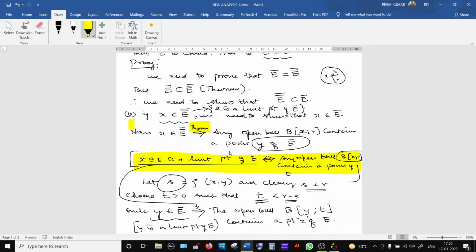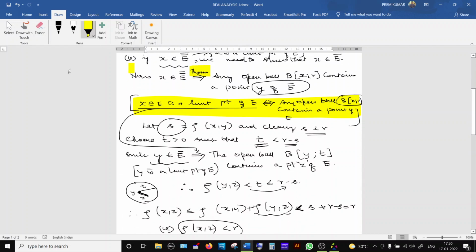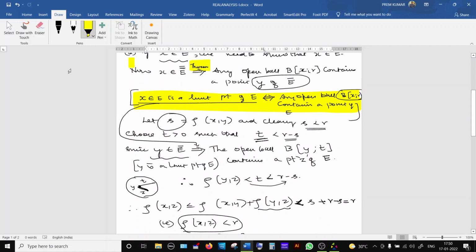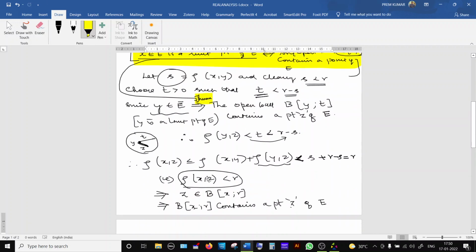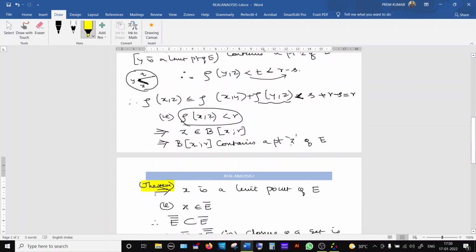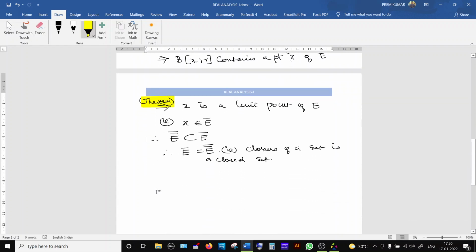The same theorem we used: any open ball B contains a point Y of E. And again here also. The sets are only changed, but the same statement we used 3 times. First here, then in the final stage. Okay, so this completes the proof of the theorem.